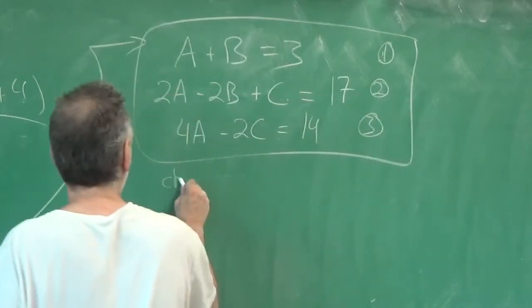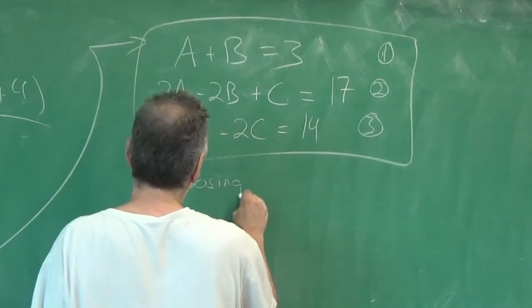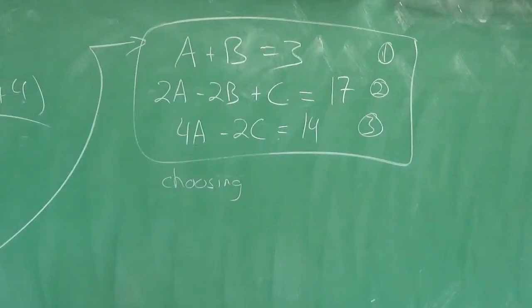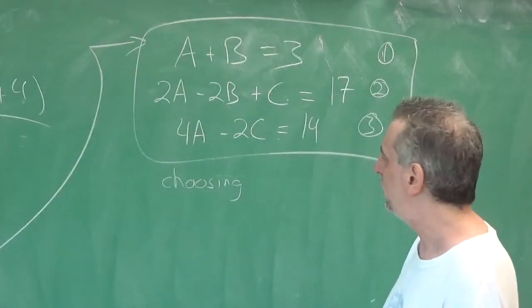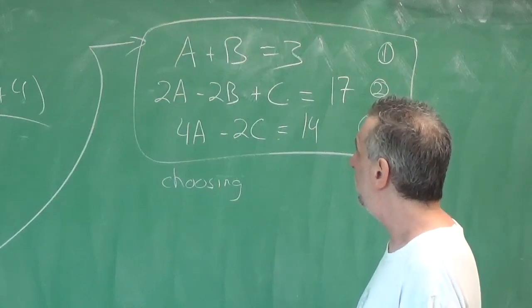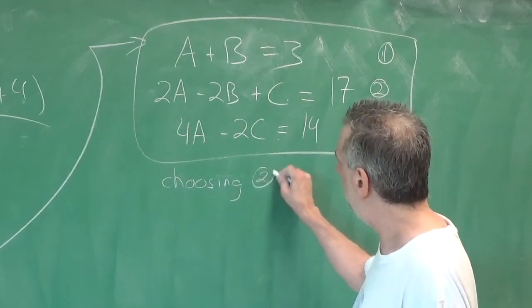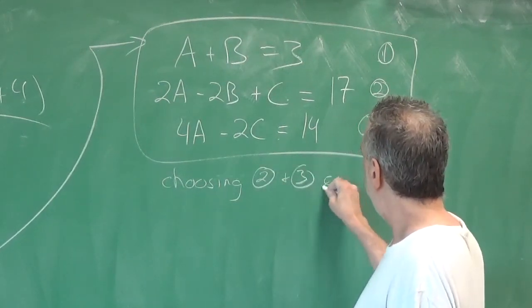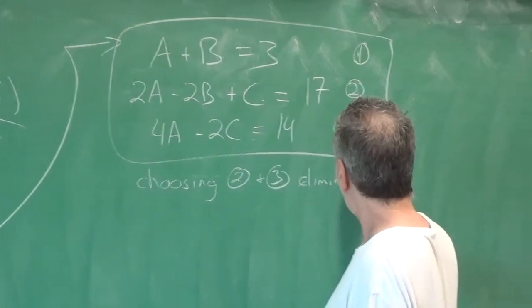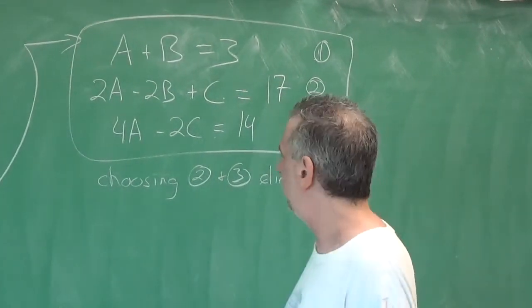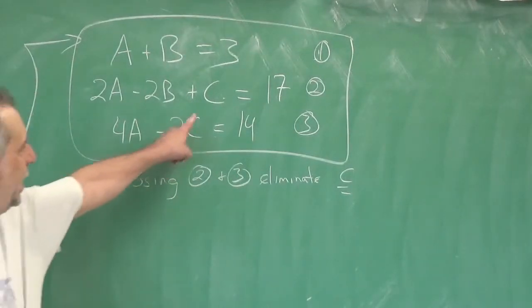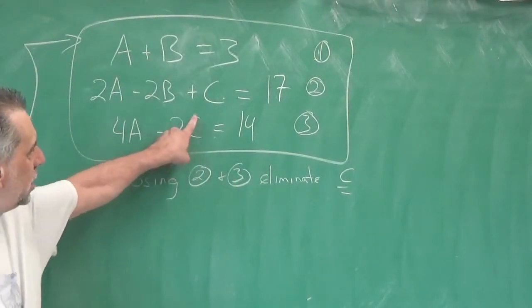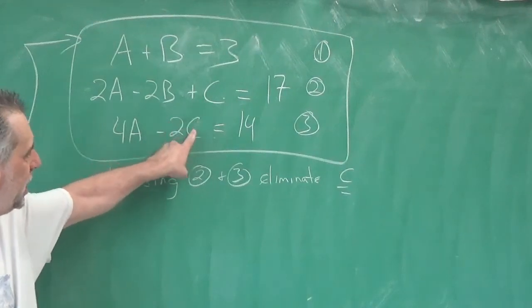So I'm going to choose, and again, there are choices here. The more you do, the better you are at choosing the easiest way, but it comes with practice. That's why you want to practice. So I'm going to choose 2 and 3 and eliminate the c. If I eliminate the c, I need to make this a 2c so that I can eliminate it with the negative 2c.